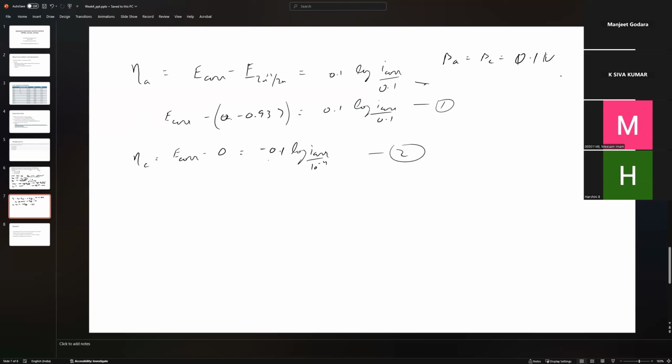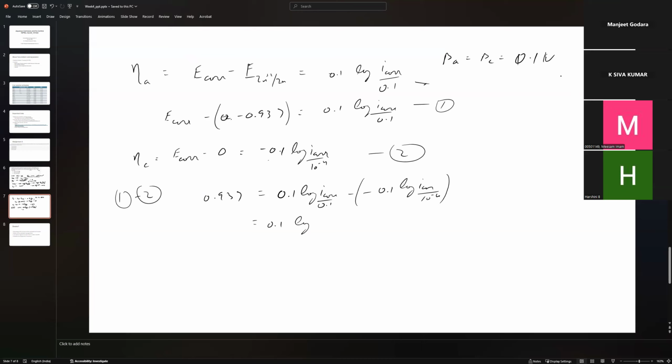We subtract equation 2 from 1, and we are left with 0.937 equals 0.1 log of I corr over 0.1 plus 0.1 log of I corr over 10 to the minus 4.